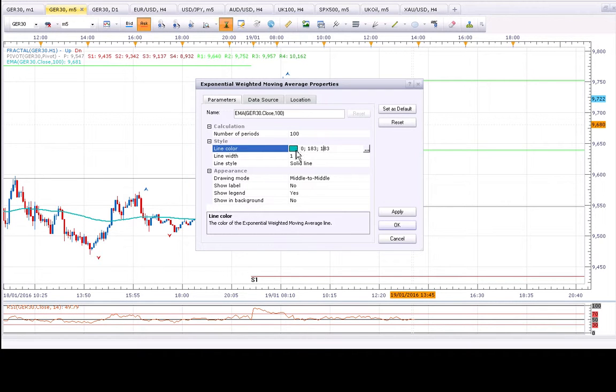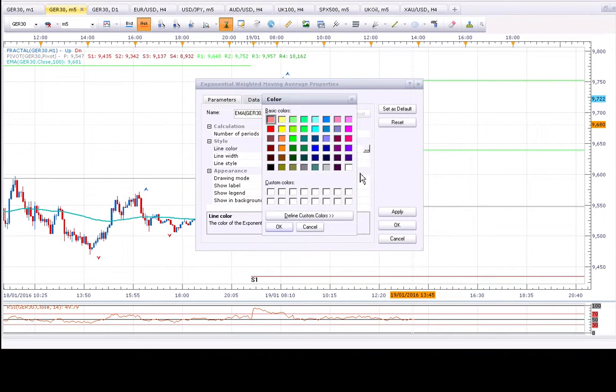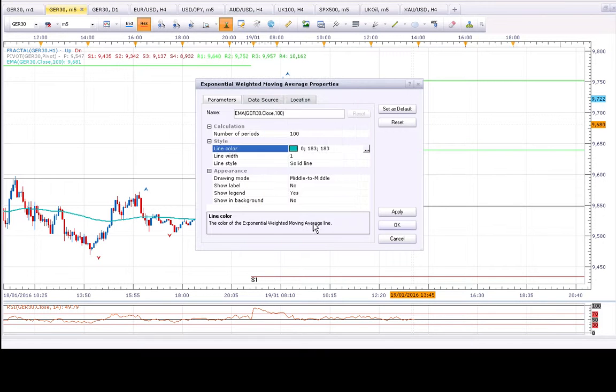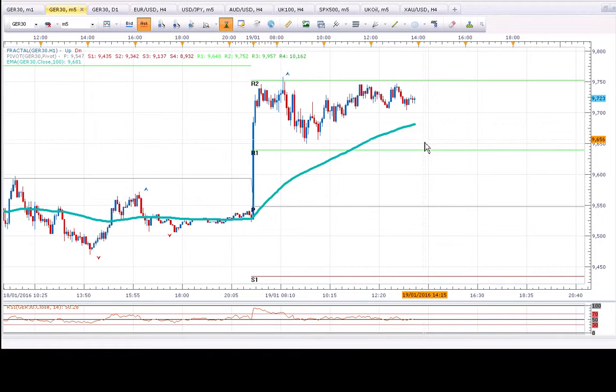You can change the color by clicking on the option there. Color palette, your choice. The number of periods you can change. The thickness of the line you can change. If you want a really thick line, okay, can't do that. I can do a 5, which makes it a nice thick line so you can easily see it.